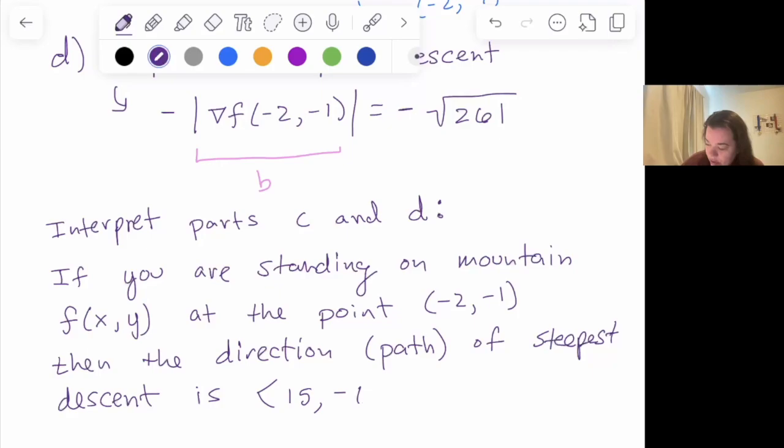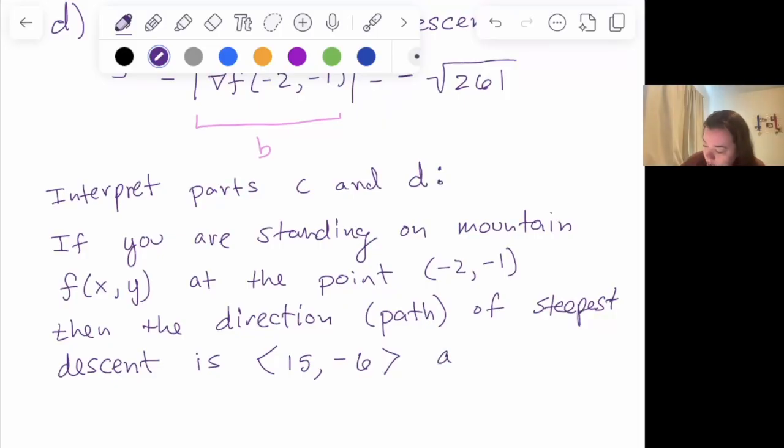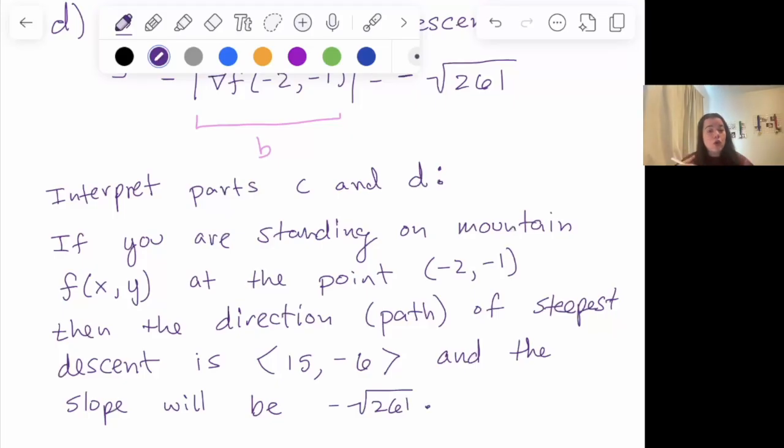So that vector that we found in part C is our direction or path of steepest descent, and the slope will be negative square root of 261. And it makes sense that the slope is negative because you are going downhill. So that is what we actually found with the gradient vector.